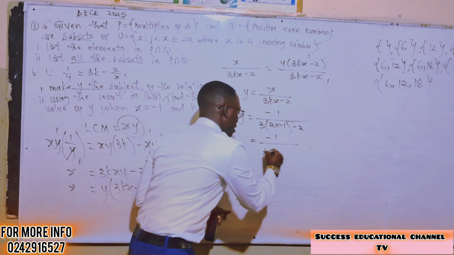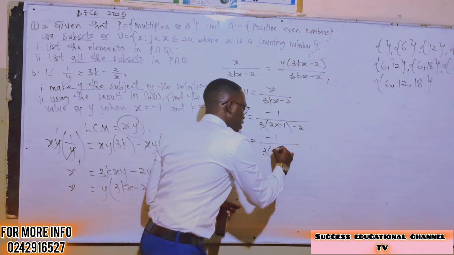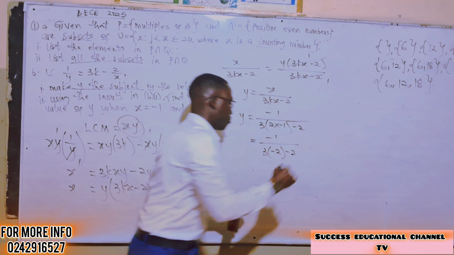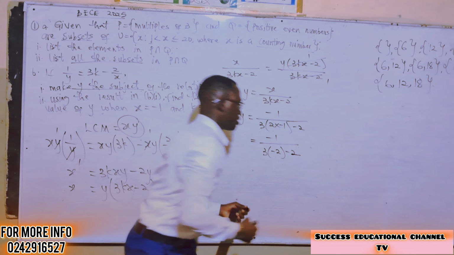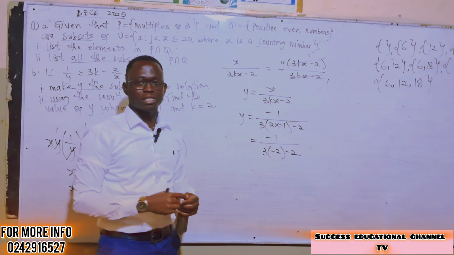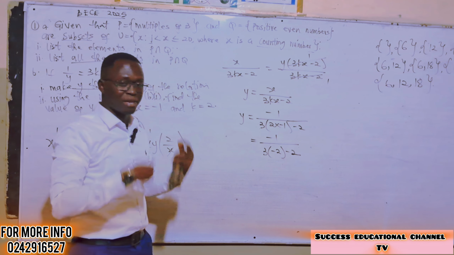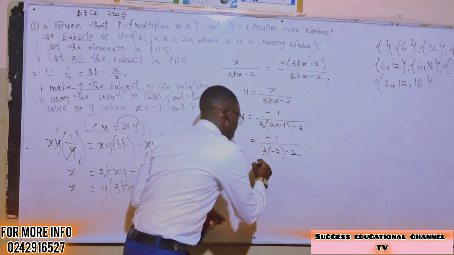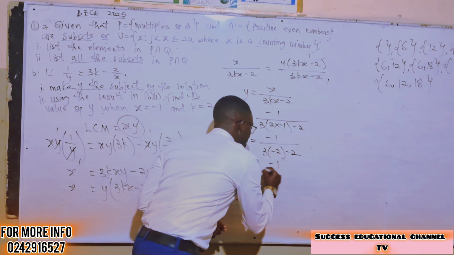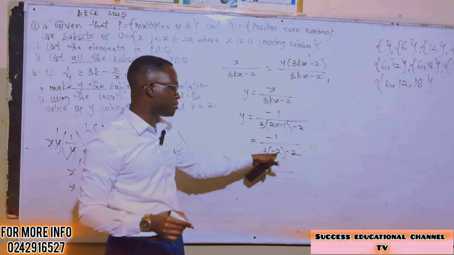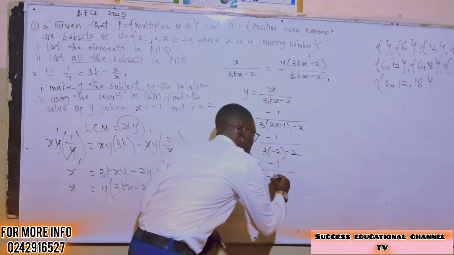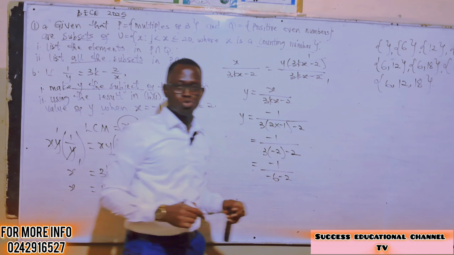But then take your time. 2 times -1 is -2, minus 2. Don't rush. If you want all your marks, you shouldn't rush. You shouldn't skip steps. Now you're going to have -1 over 3 times -2 gives us -6 minus 2.